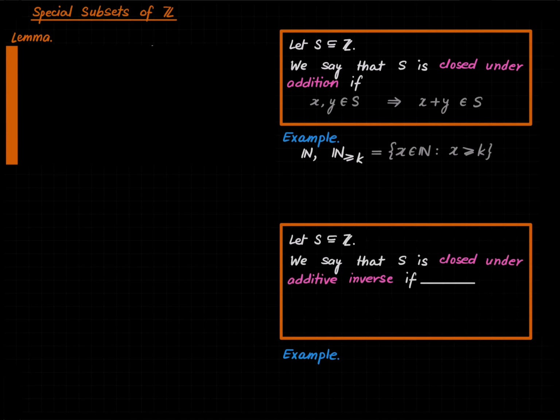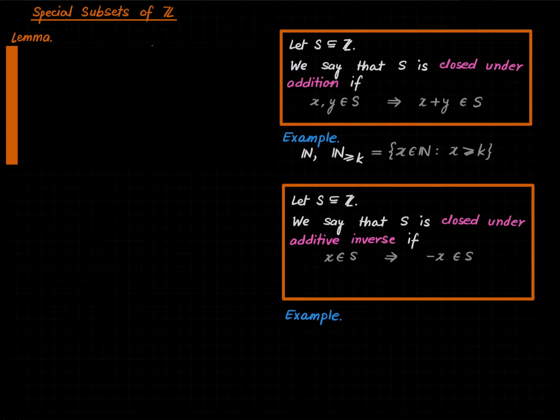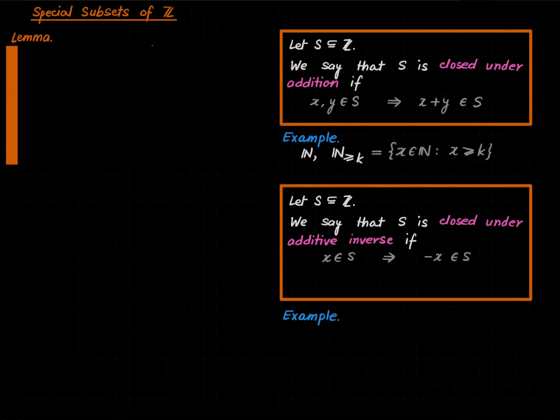Another related concept, fix a subset of integers, call it S. We say that S is closed under additive inverses if whenever we pick x in S, we find that its additive inverse remains in S. So this is also a very simple concept. Examples, well, I do not want to give any concrete examples, but there is essentially just one way to build them.